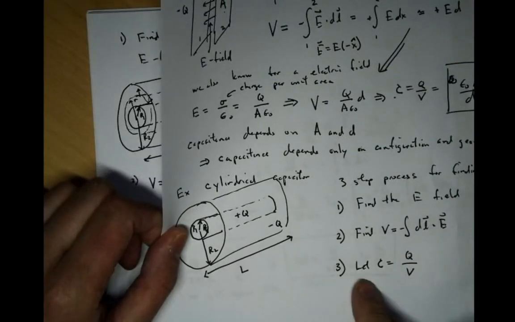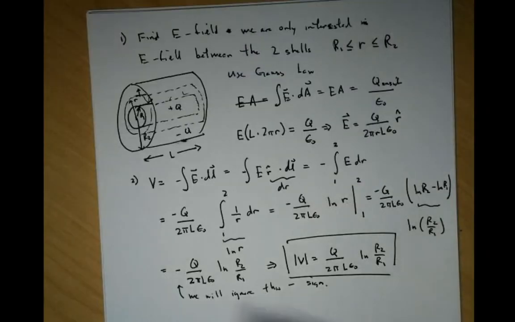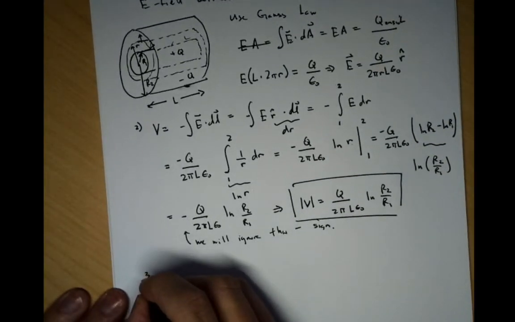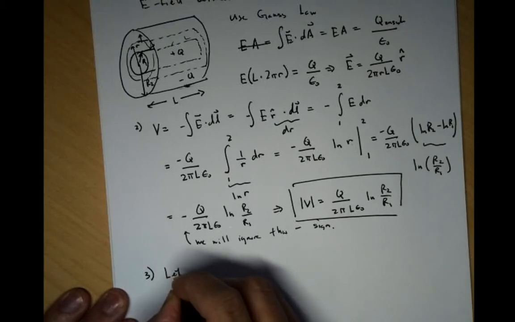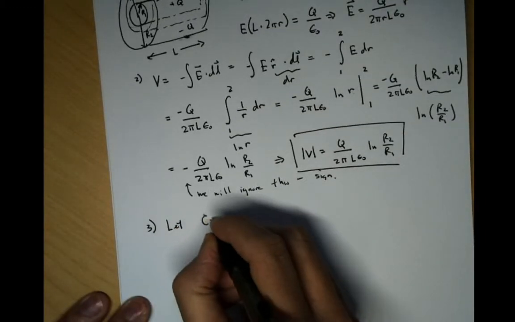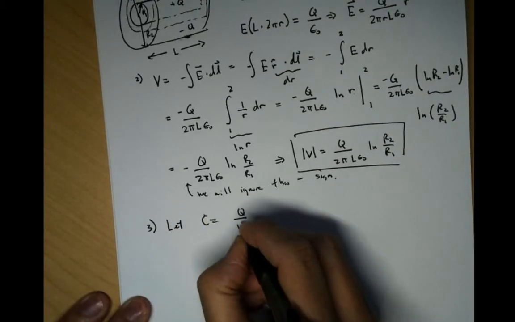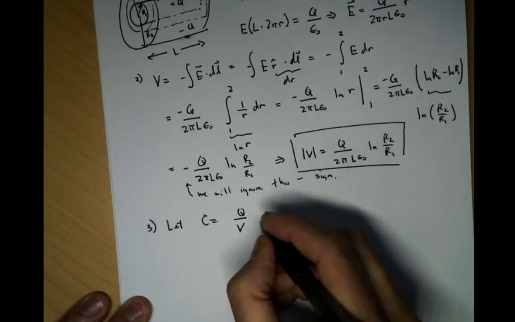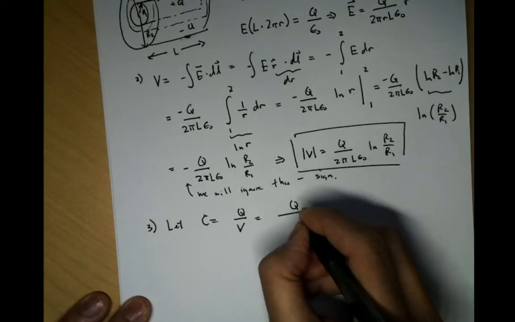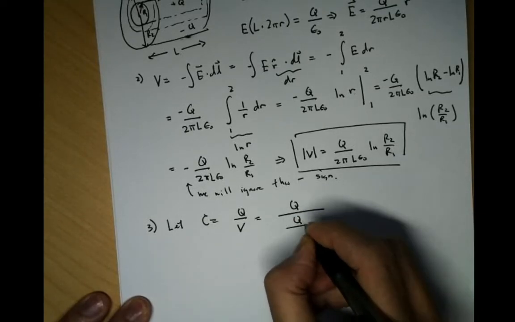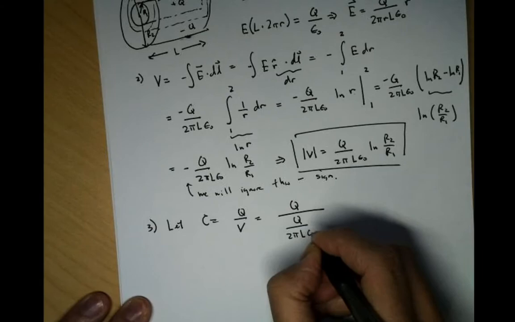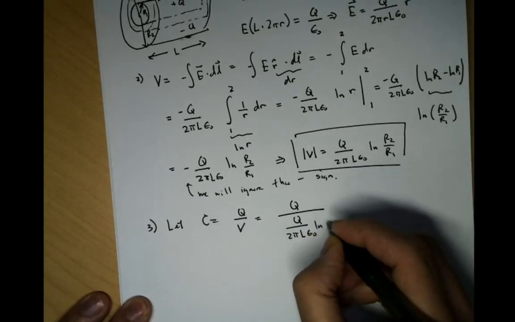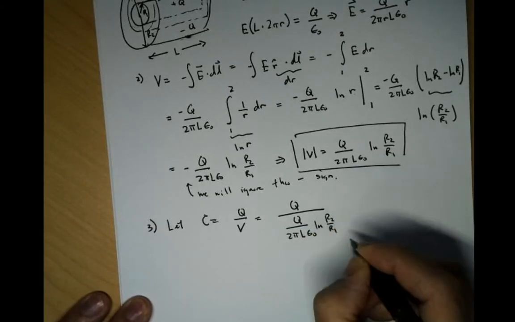That's part 2 of my 3-step process. Part 3 is to find the capacitance. So in part 3 here, I let C equal Q over V. You can see what's beautiful about this: there's the Q right there, and I'm going to cancel it out. So Q over 2 pi L epsilon naught, logarithm of R2 over R1.